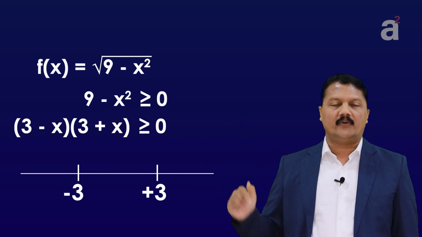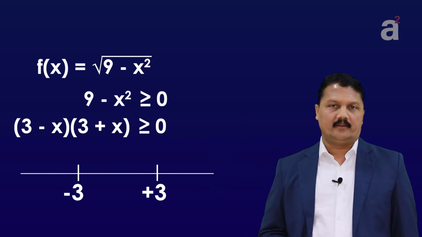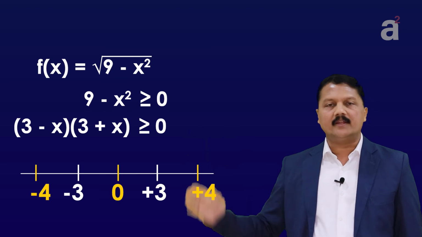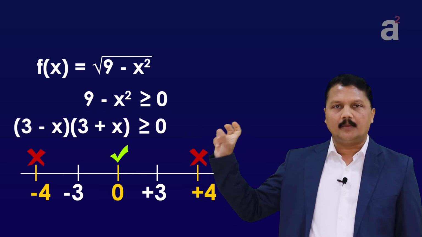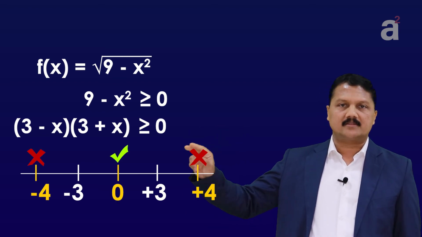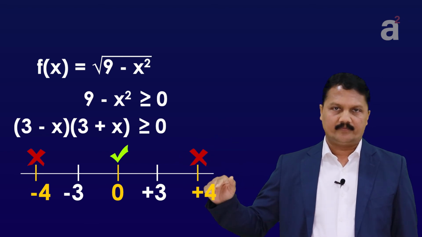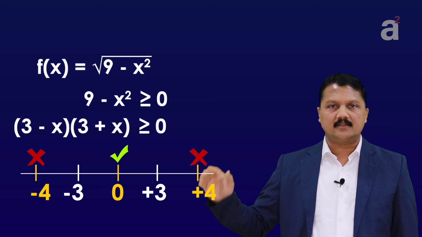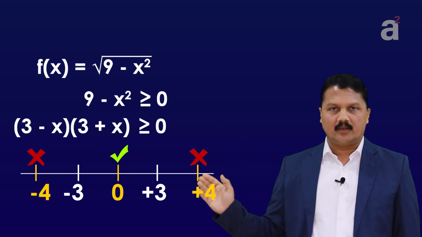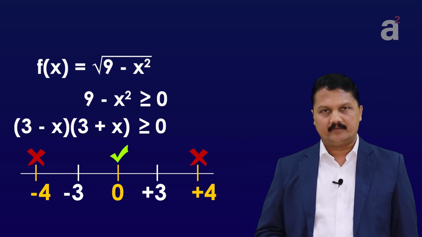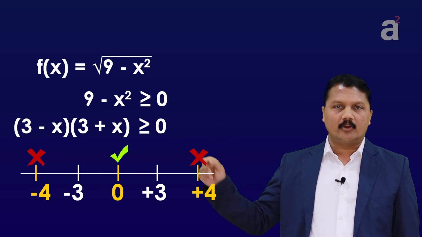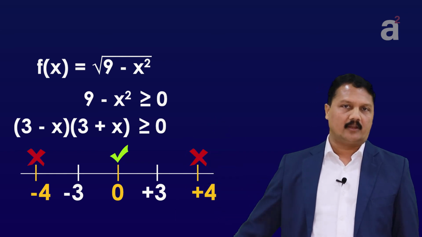So which are satisfying this inequality? Let's check it. You can see that only the part in between minus 3 and 3 will be satisfying this inequality. So the answer is negative 3 till 3, both are included. Because the greater than or equal to symbol is there, so both are included.